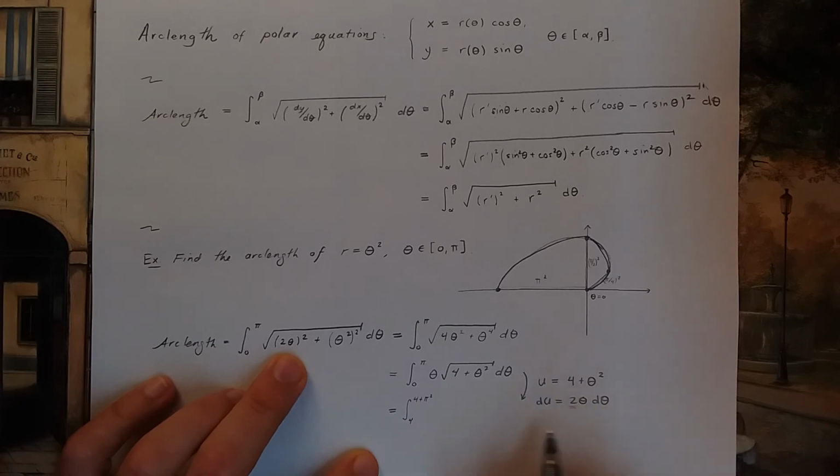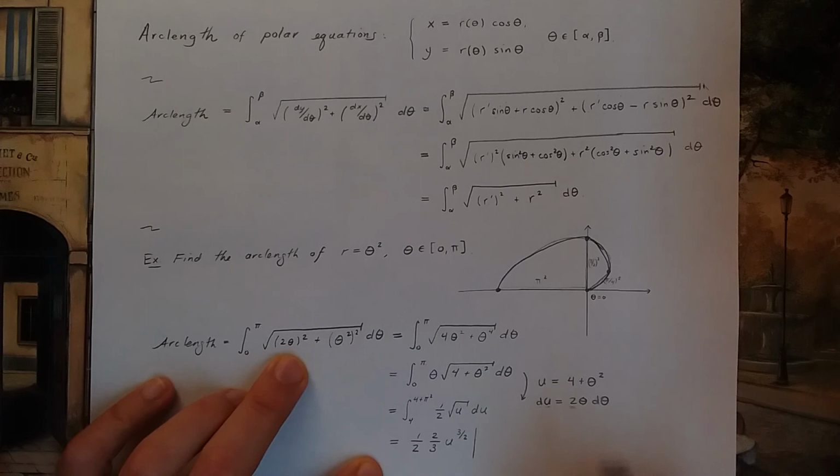I get an extra 1/2. So the theta d theta can be absorbed when I turn this into a du, but I also have an extra 1/2. So I'm going to have a 1/2 from the u substitution. Then I'm going to have the square root of u du. Okay, well, now you integrate and you're done with this problem. So I get 1/2. The integral of the square root function is 2/3 u to the 3/2 power.